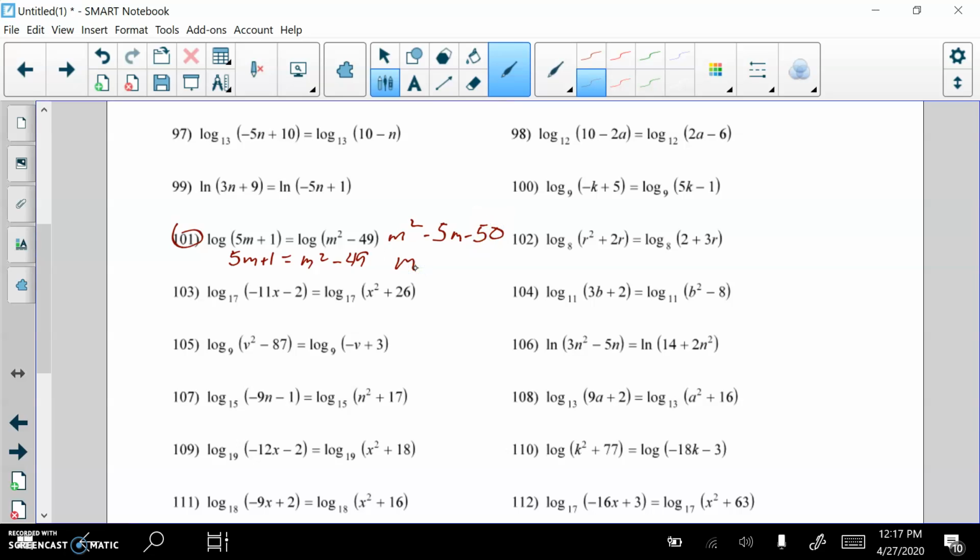Factor: m minus 10, m plus 5, solutions of positive 10, and m equals negative 5. Negative 5 won't work, so it is extraneous.